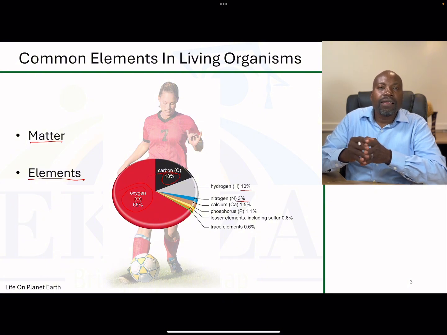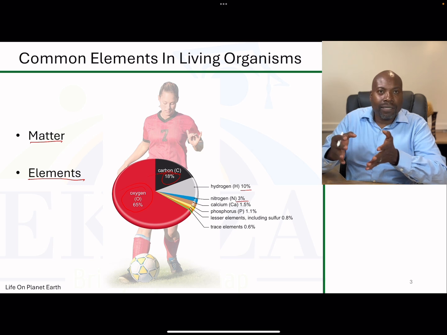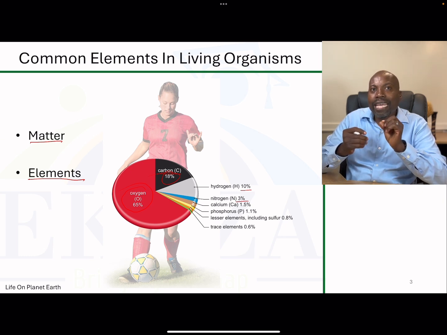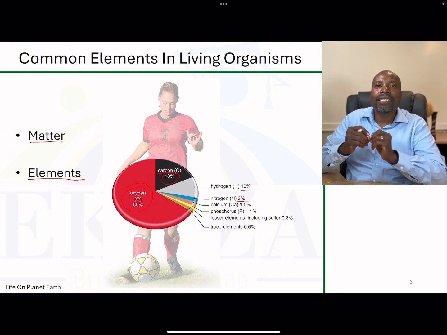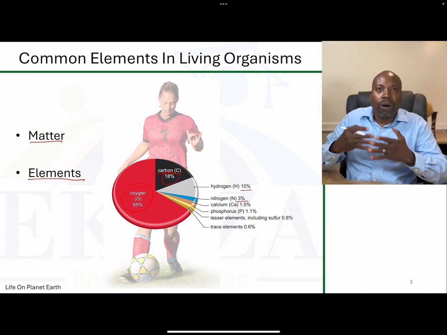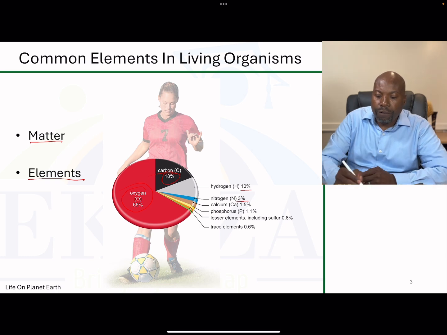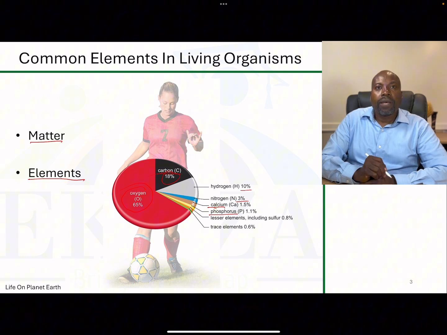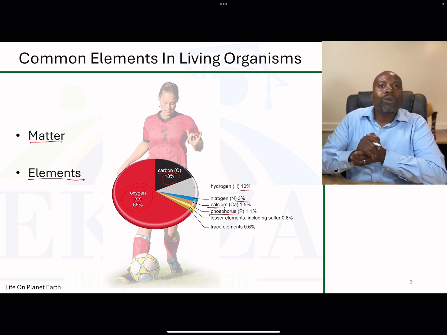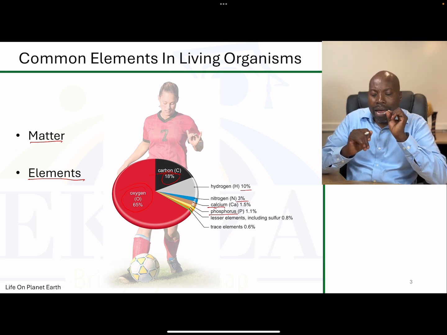With that being said, there are also many other elements that are represented in living organisms, including what we call micro elements. The micro elements are the elements that are present in small amounts, including, for instance, calcium, phosphorus, sulfur, and then we have other elements that are not only present in small amounts, but they are actually present in minute amounts, extremely small amounts.